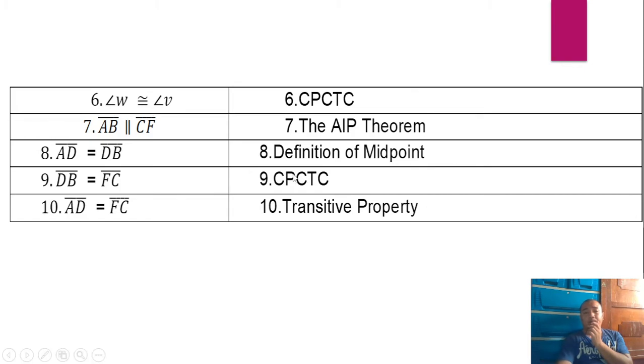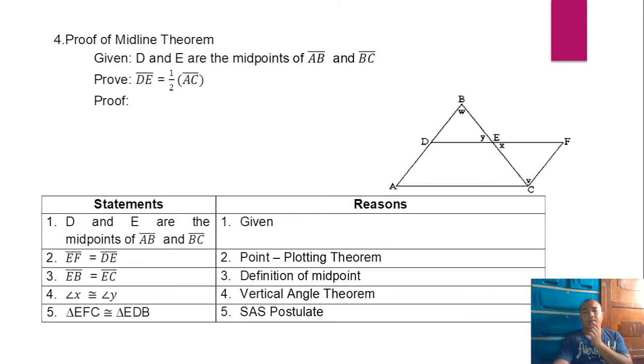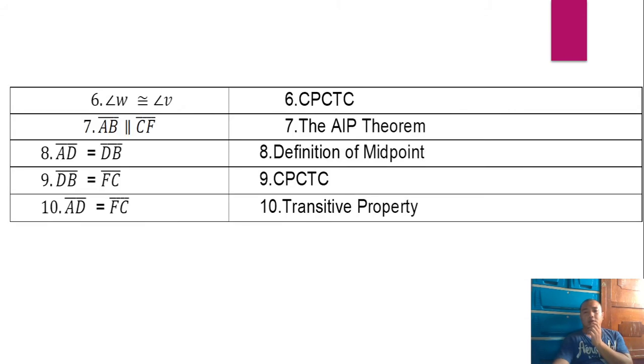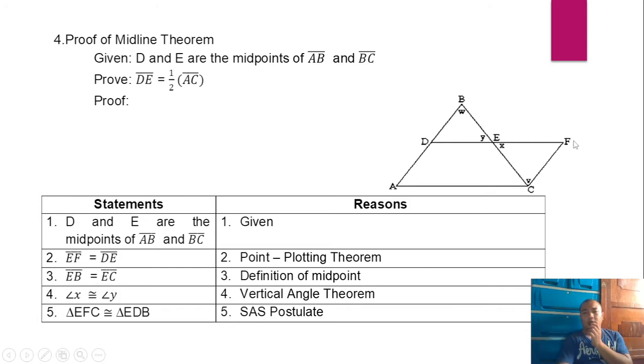Number 7, segment AB is parallel to segment ECF, the AIP theorem. Yes, AB is parallel to CF. So AB is parallel to CF.